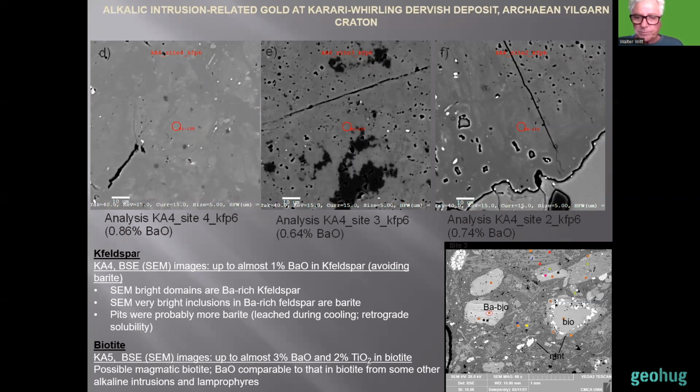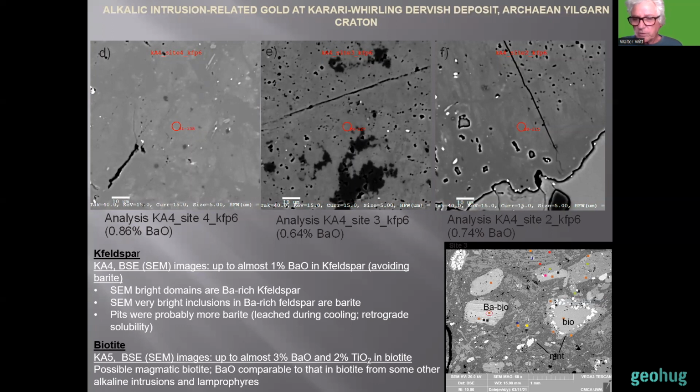This barium-rich biotite, shown in the backscattered electron image, contains up to almost 3% barium oxide and 2% titanium oxide. Figures are comparable with magmatic biotite phenocrysts from other alkaline intrusions such as lamprophyres and lamproites.